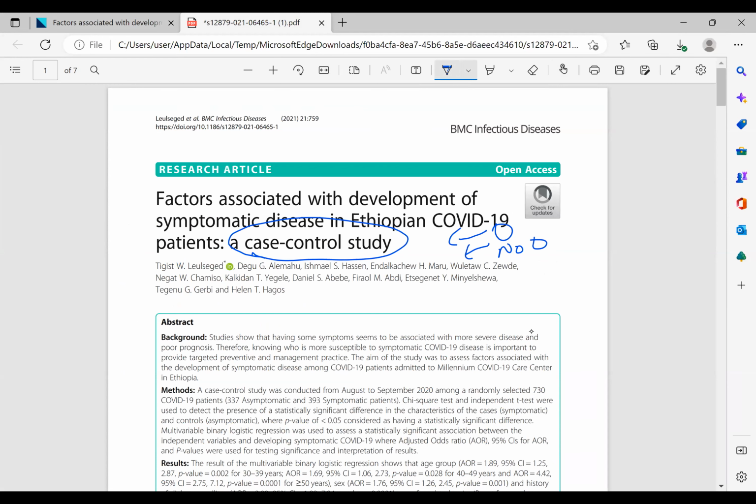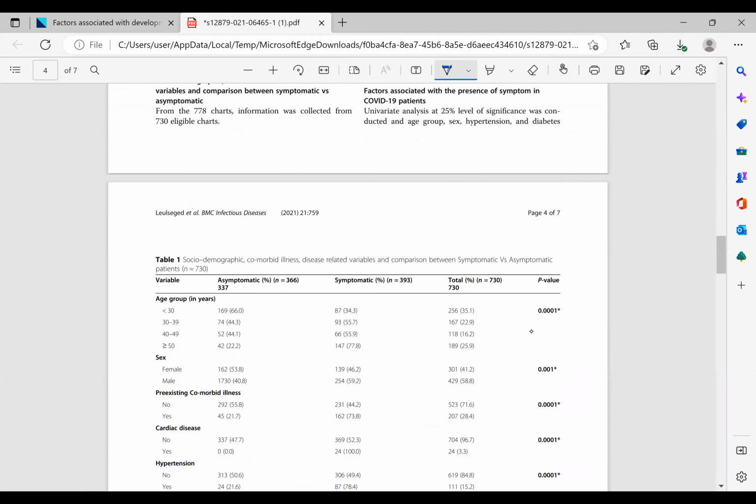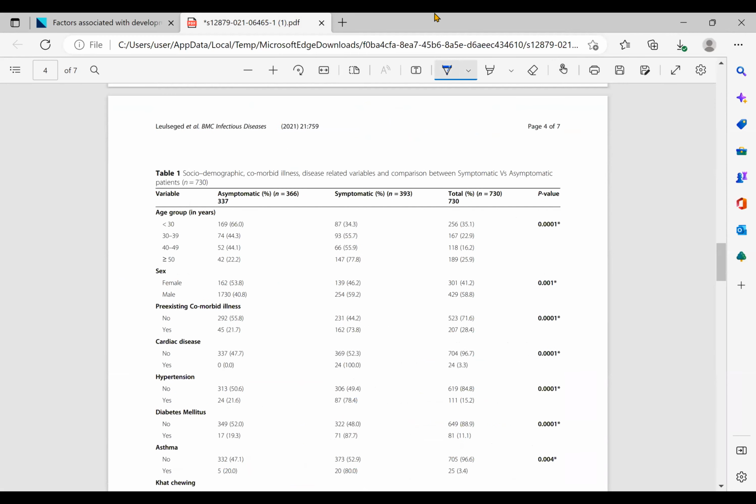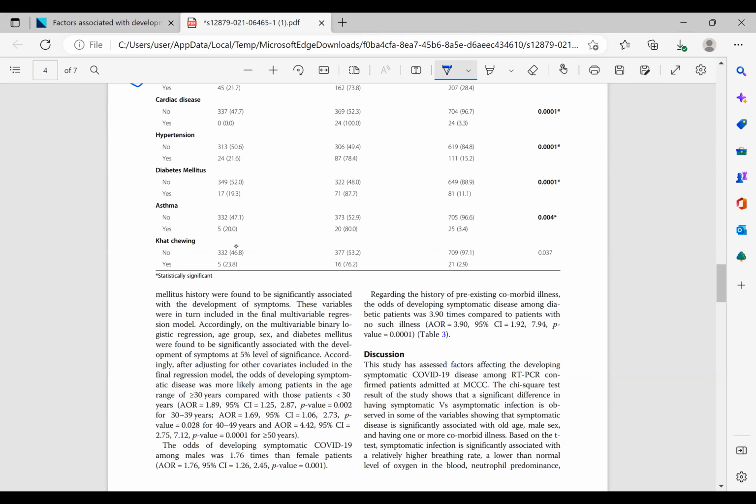With this type of study design, after doing the descriptive analysis, as you can see here, we're trying to describe our study participants based on their socio-demographic characteristics like age, gender, medical illness conditions, substance use history, and others. And their laboratory profiles.